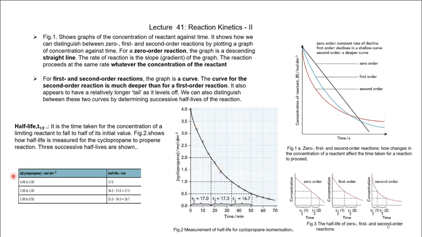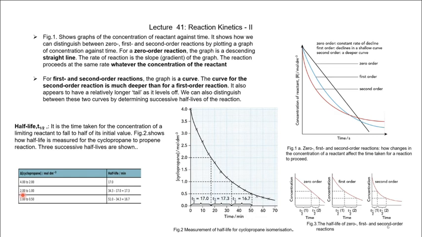And here is some cyclopropane, and we see the decomposition of cyclopropane and its half-life from that. Let's say we start at 4 mole per dm cube, and then you see if we get to 2 mole per dm cube, as per the definition of half-life, this is the half-life for this reaction.